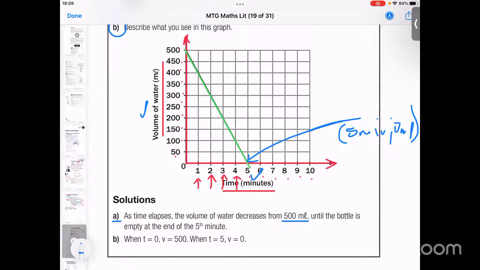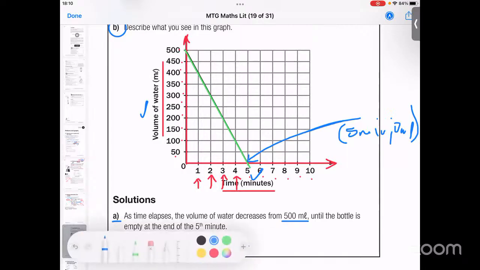Otherwise, he empties the water over a period of time, and that time is 5 minutes. And most importantly, when the time is 0, the volume is 500 milliliters. But when the time is 5 minutes, the volume is 0.